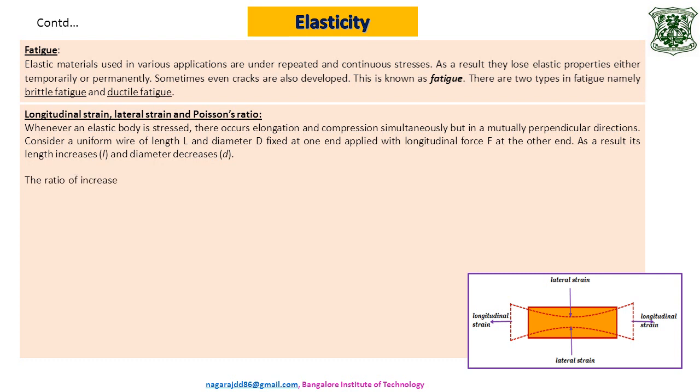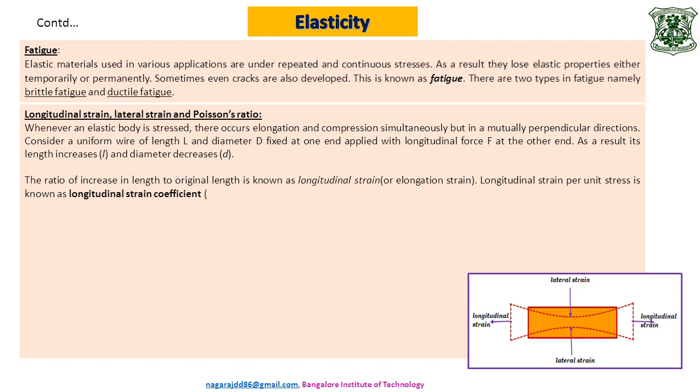First, longitudinal strain. The ratio of increase in the length to the original length is known as longitudinal strain. Longitudinal strain per unit stress is known as longitudinal strain coefficient. It goes like this: alpha equals (l/L)/T.